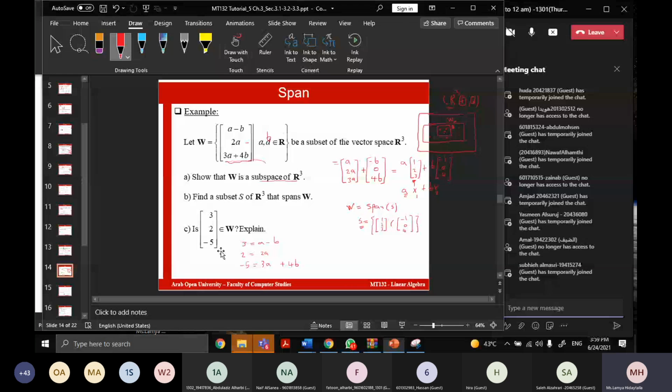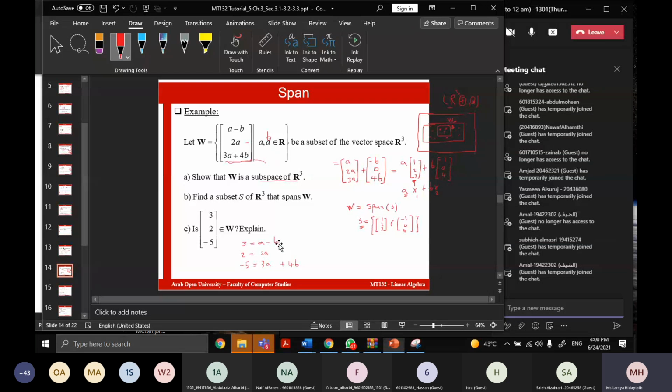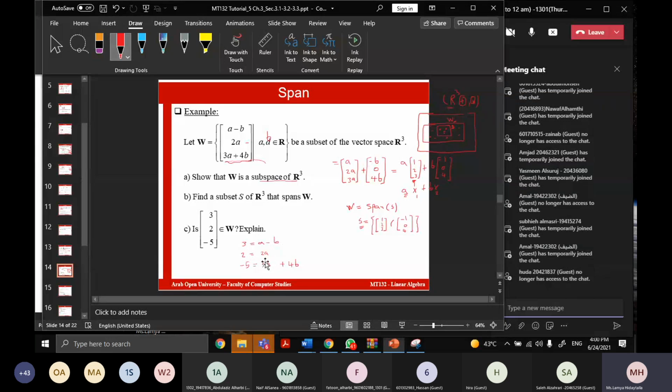Isn't it a system of linear equations? Yes. Then we want to solve for A and B. How do we do that? Put it in the augmented matrix, reduce to the echelon form or the upper triangular form, and then find A or B.